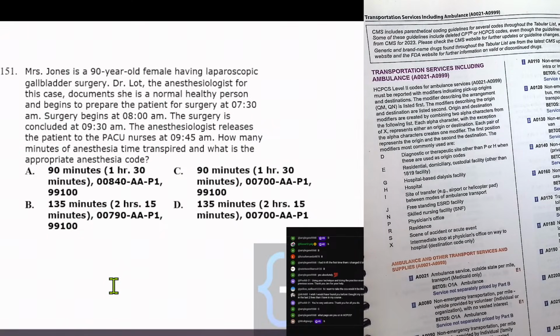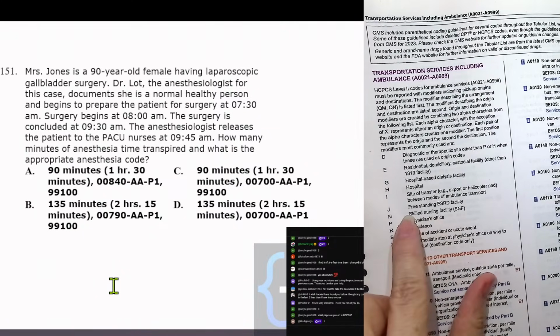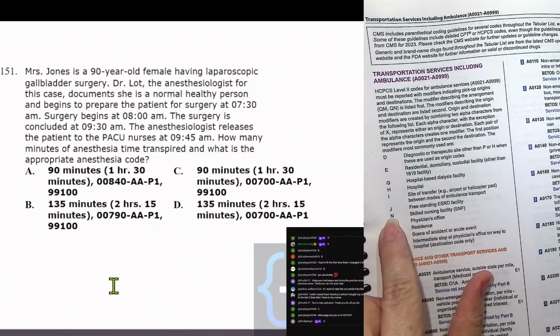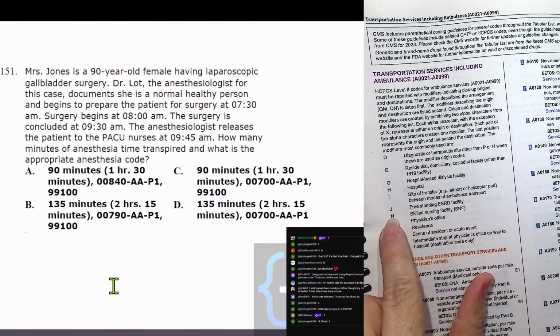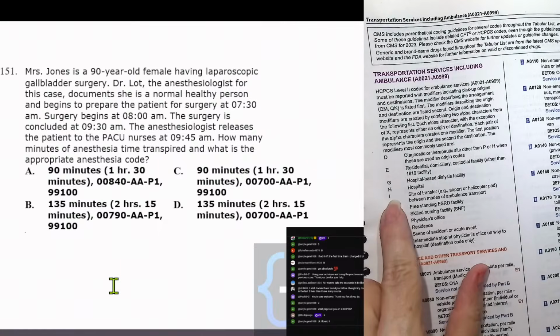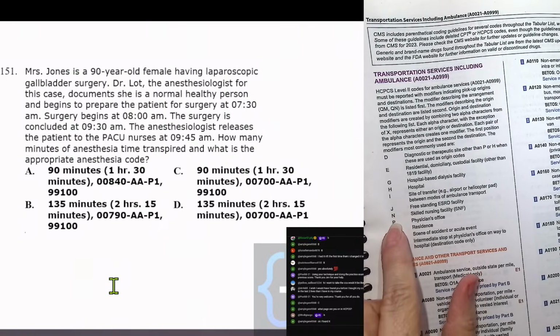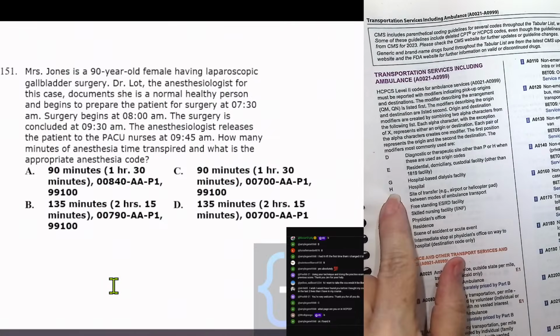So if I was at a skilled nursing facility and I drove an ambulance to pick up a patient, the first letter in my modifier would be letter N. And if I drove that patient to a helicopter pad to get them airlifted to something else, the second letter in my 2-digit modifier would be I. So my modifier for today's ambulance ride would be NI.